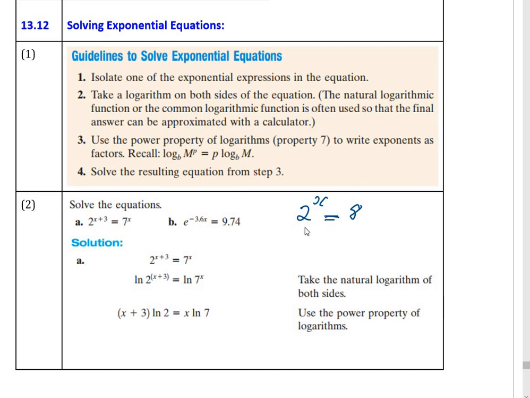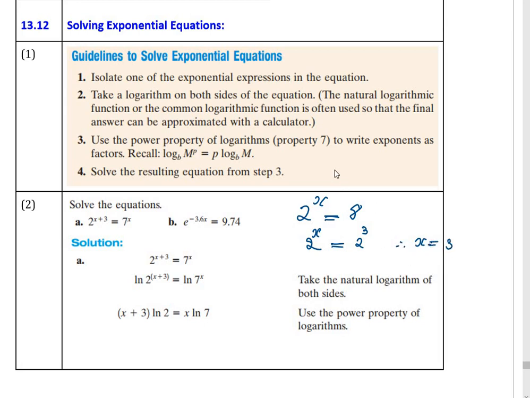Normally throughout grade 8, grade 9, grade 10, we said that you must have the same base on this side and the same base on that side. So then you could say, therefore, x is 3. Okay, so that we are used to do.